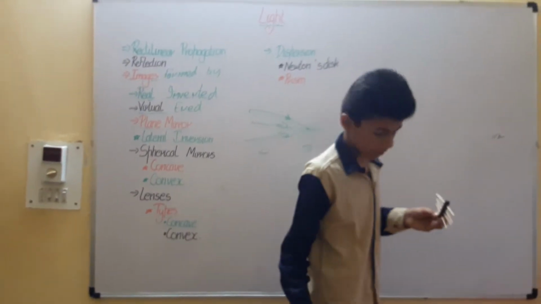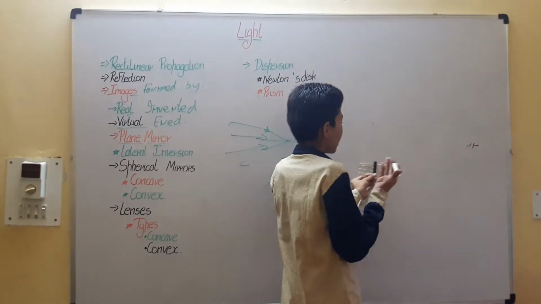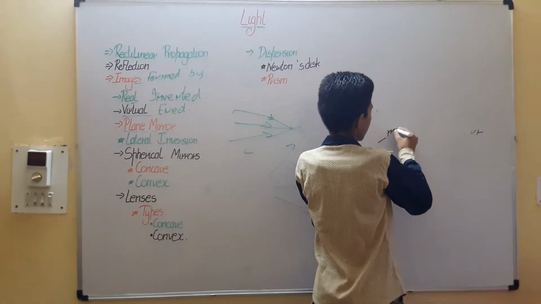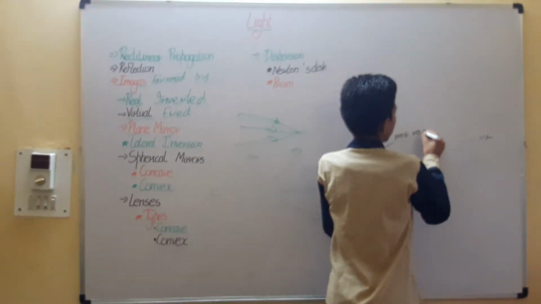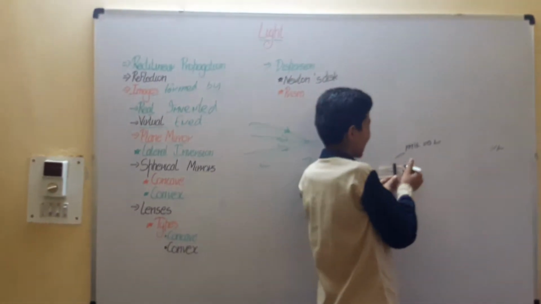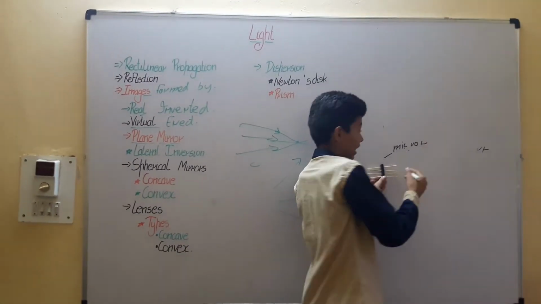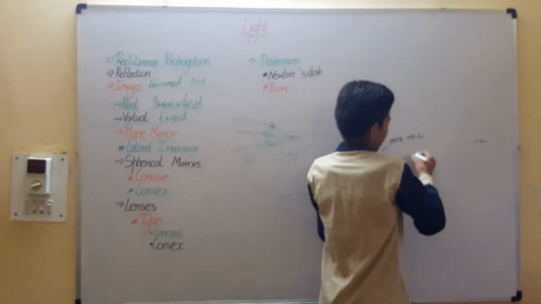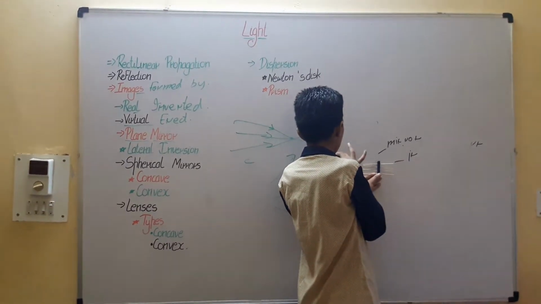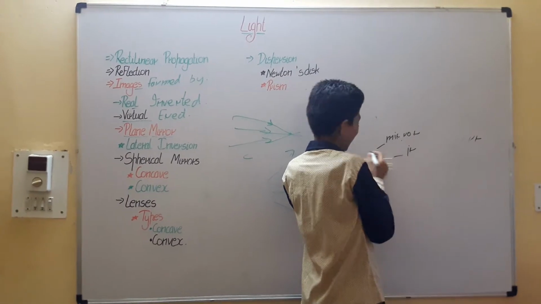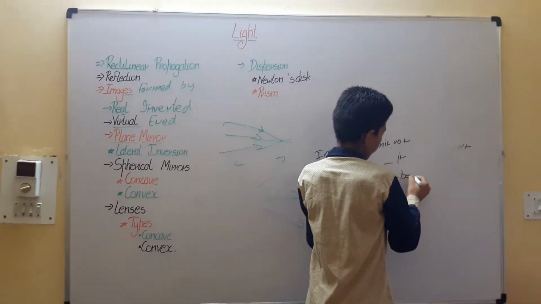So this sponge is acting as a mirror, and the toothpicks are acting as rays. The rays at my right side are the incident rays, and these are the image. Where is the image formed? Let's consider the body is here.